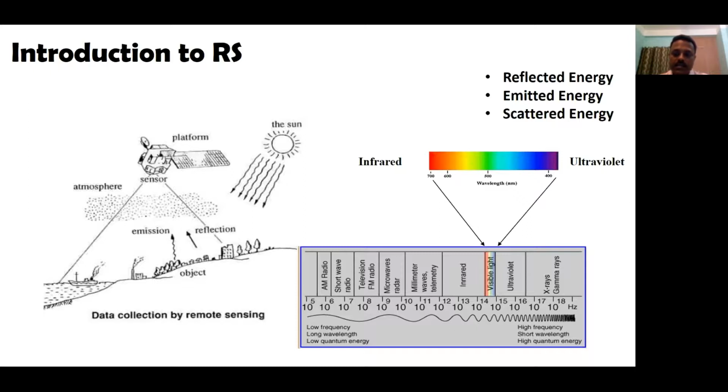Within this visible range or visible light, we see all these colors that are present in the physical world. Towards the smaller wavelength within the spectrum, towards the 400, we see objects appearing to be blue.